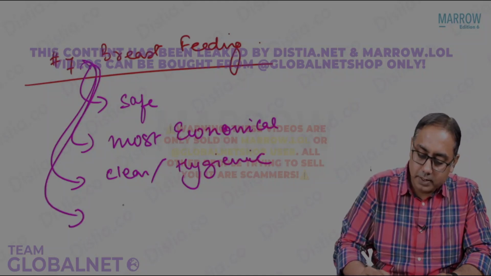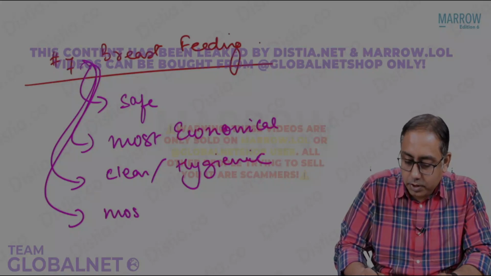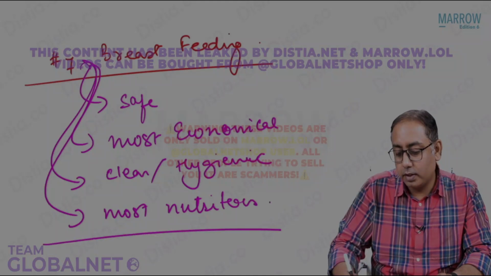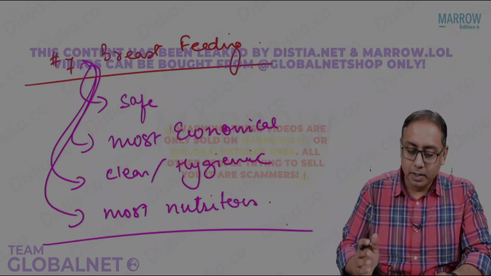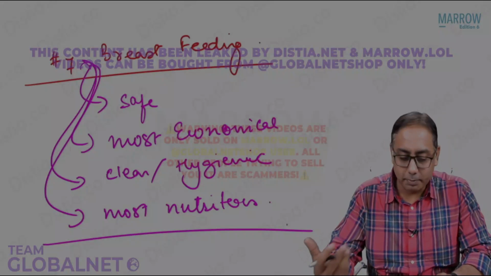And of course, common sense, breastfeeding is one of the most nutritious foods for the growth and development of the child. So that's just simple common sense advantages of breastfeeding.